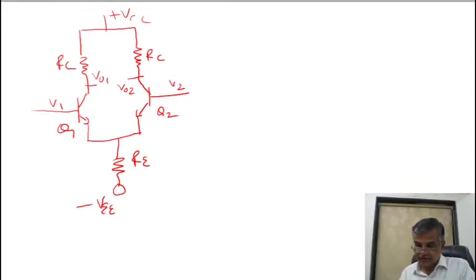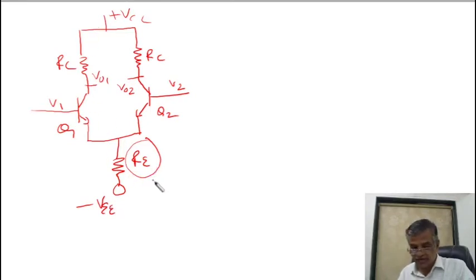Now, to get a large value of RE, you have to keep a large value of RE here. If you keep a large value of RE, then this current will be disturbed. The current decreases.